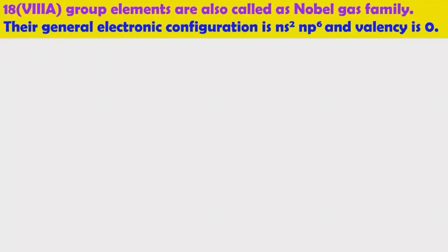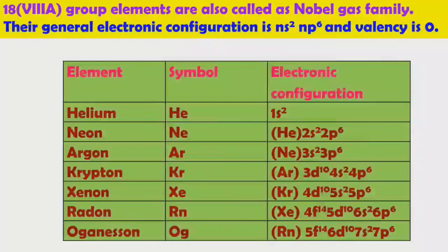They have 8 electrons in the valency shell. That's why they cannot lose or gain electrons. Their valency is 0. Helium, neon, argon, krypton, xenon, radon, oganesson. These are the 8th A group elements.